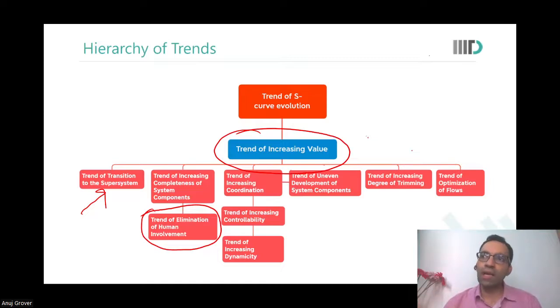If you look at cameras of 10 years back, 20 years back, there was a very strong element of doing the focus on the camera. Today, autofocus is the norm. There is flight of light technology and so many things that human involvement in bringing about that focus is no longer needed.